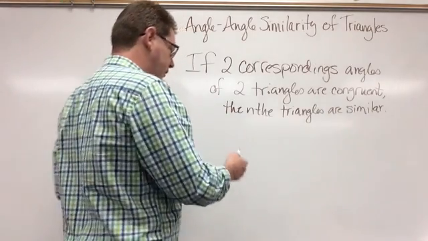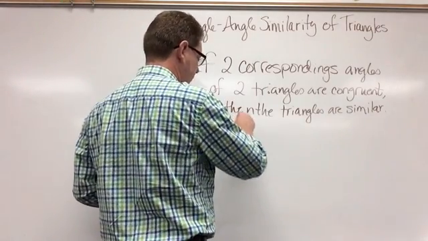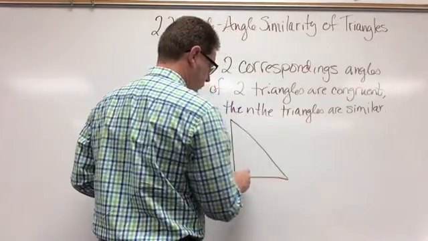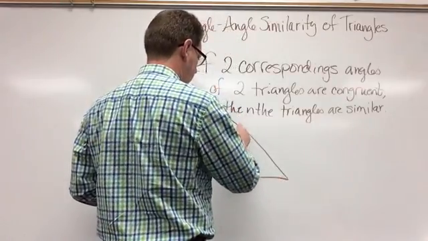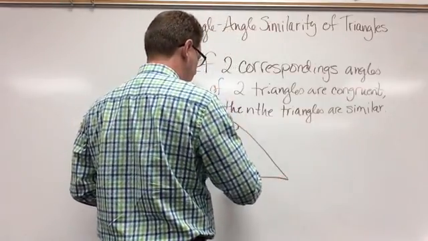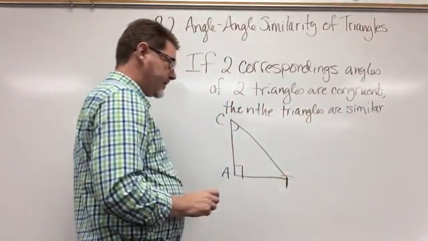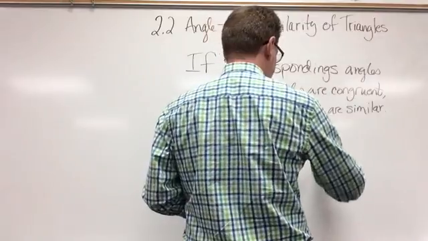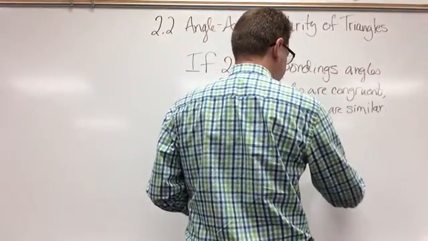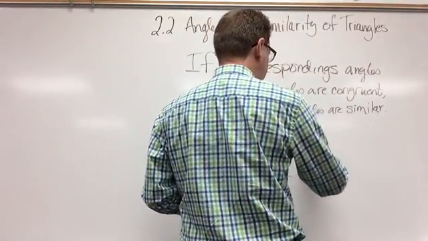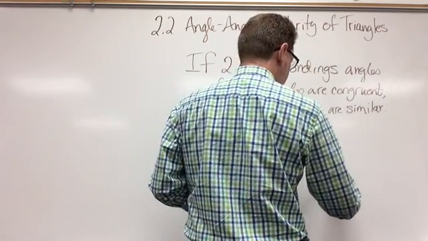So let's look at an example. So if I have a triangle, and this is triangle CAT, and I have another triangle that's smaller, and it's triangle DOG.